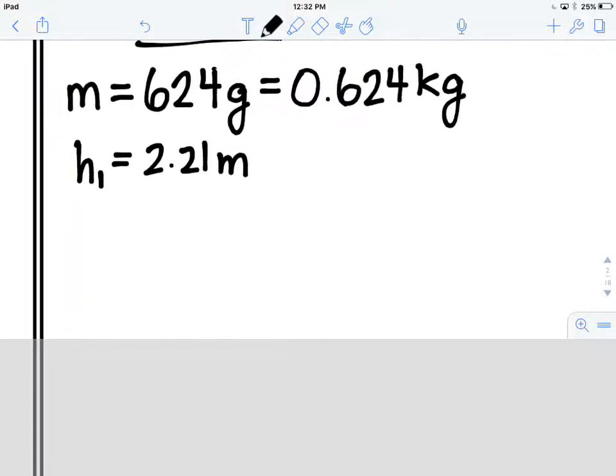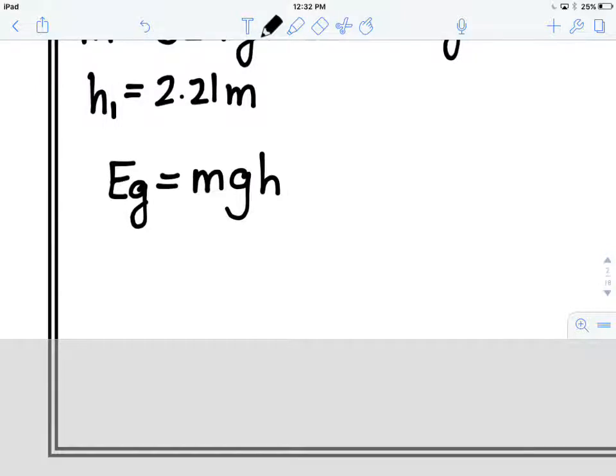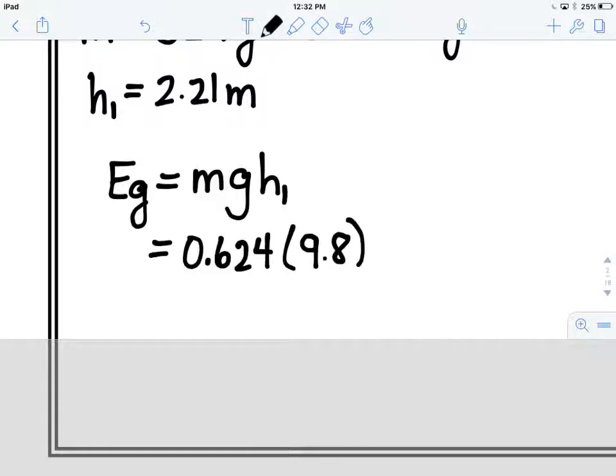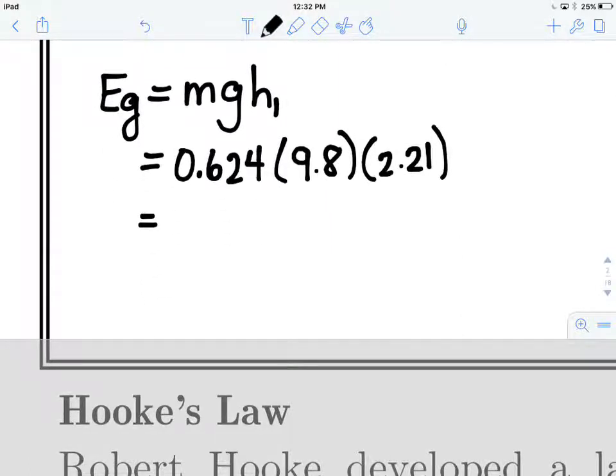And so we can say that initially this ball has a gravitational potential energy of mgh1, and we get 0.624 times 9.8 times 2.21. If we do the math, punch this into our calculator, we get 13.5 joules of energy.